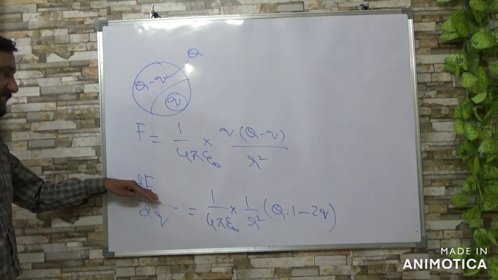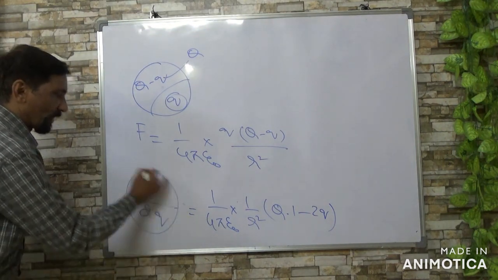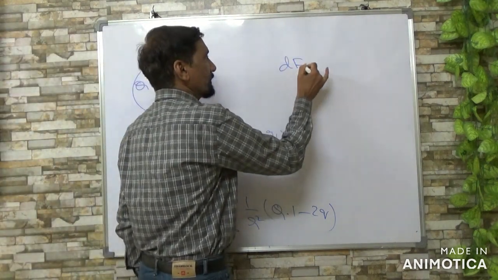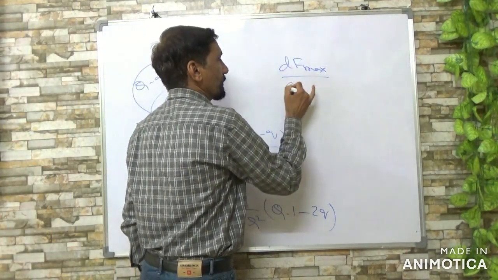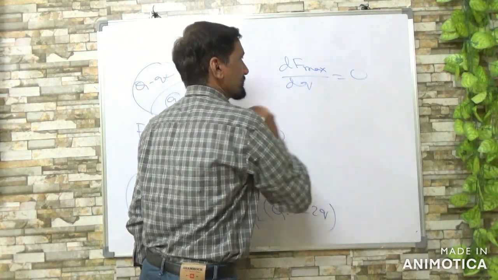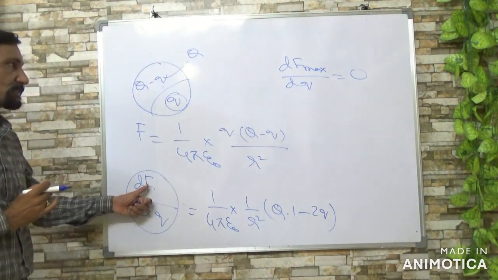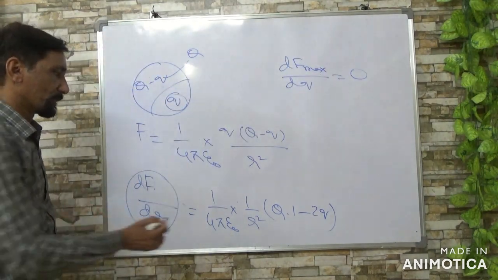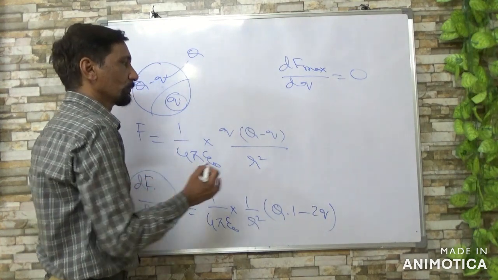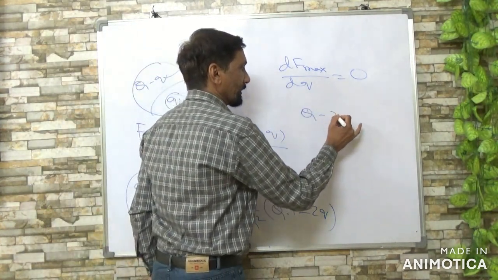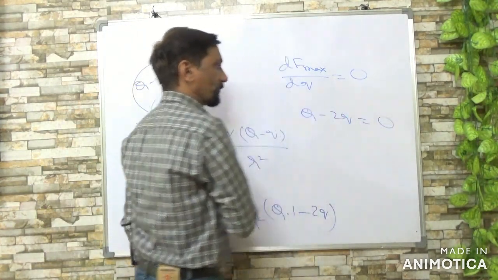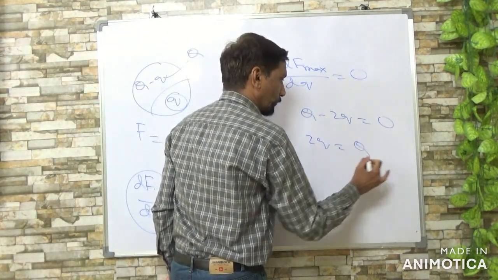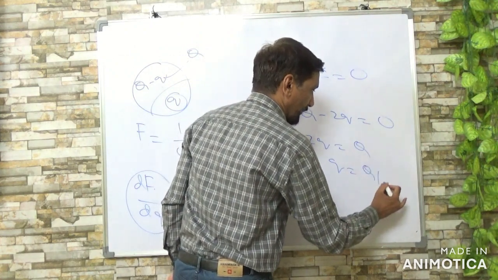If this force is maximum, this differential value will become 0, so dF by dq is 0. That means Q minus 2q is 0, so you can take 2q equal to Q, or q equal to Q by 2.